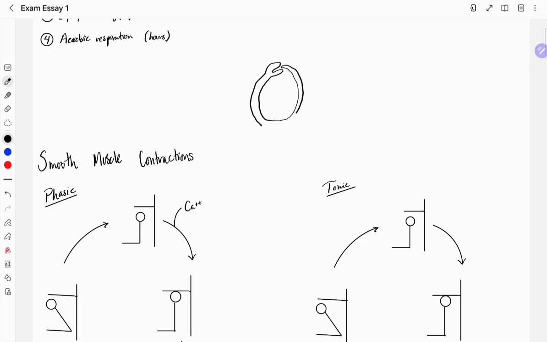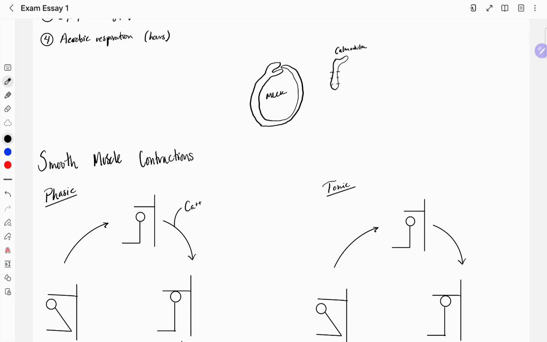All right. So this is our MLCK. And there's a protein called calmodulin. I don't know if I spelled that right, but it has binding sites for calcium.